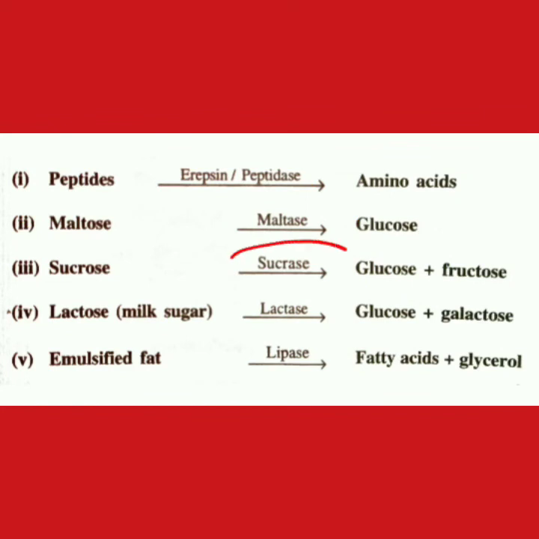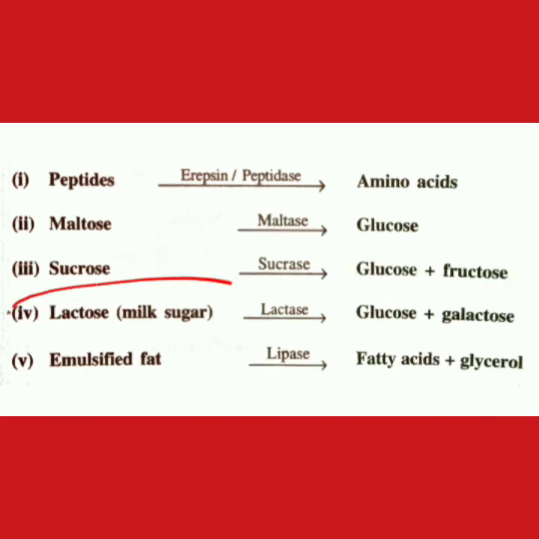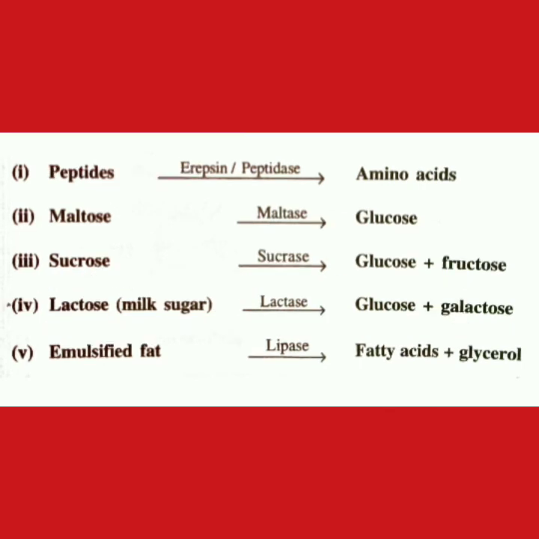Next is sucrase, also called invertase, which splits sucrose into glucose and fructose. Lactose, which is a milk sugar, splits into glucose and galactose by the action of the enzyme called lactase. And some traces of lipase digest fat into fatty acid and glycerol.